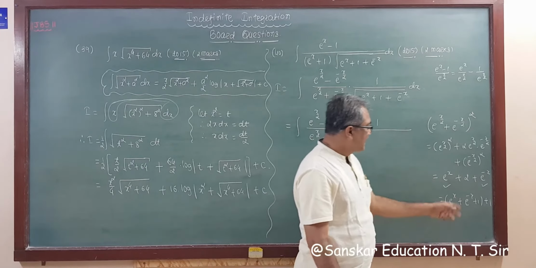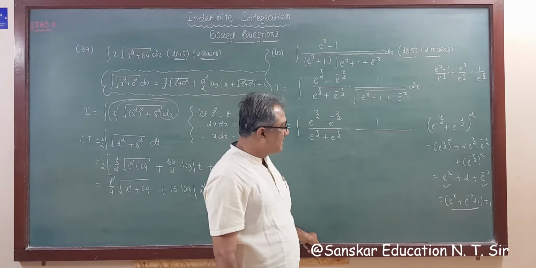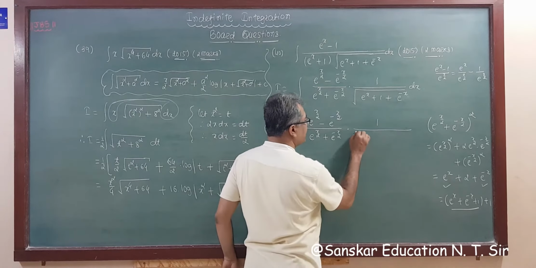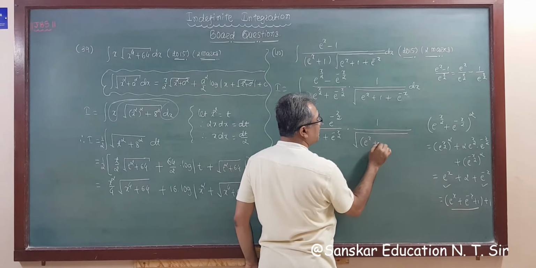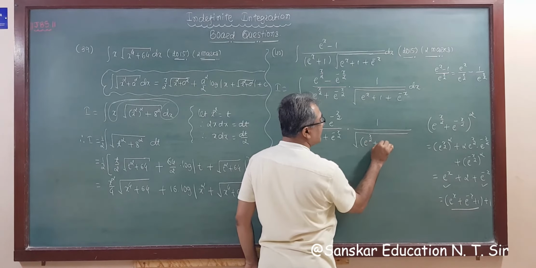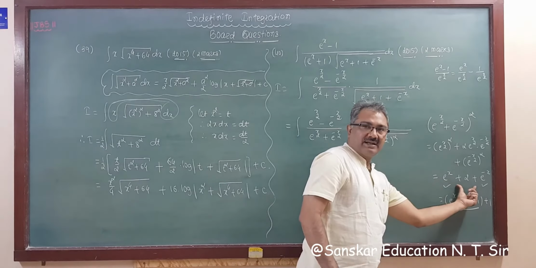That means e raised to x plus e raised to minus x plus 1 is a square of this. I am using this formula directly here. This is e raised to x by 2 plus e raised to minus x by 2, whole square. The answer of this is this.